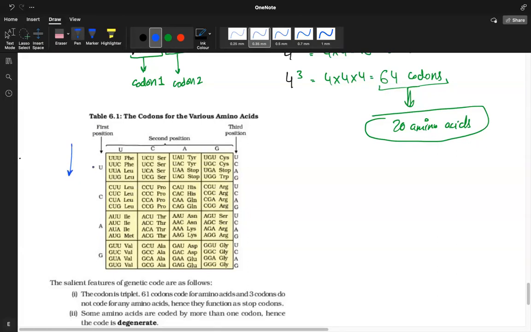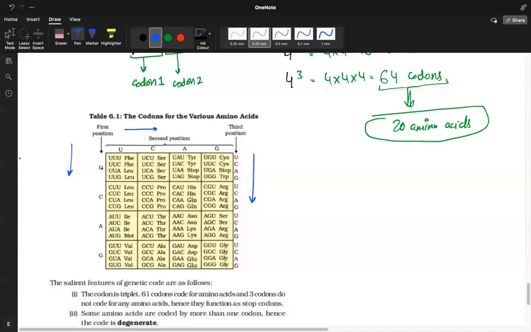Gamow said that a codon is a triplet of nucleotides, or nitrogenous bases. The first position in that triplet is here, UCAG, because these are the only 4 nucleotides possible in RNA. The second position is given on this axis, and the third position on this side.